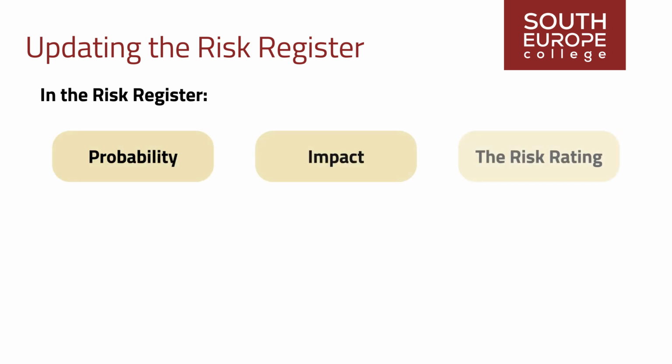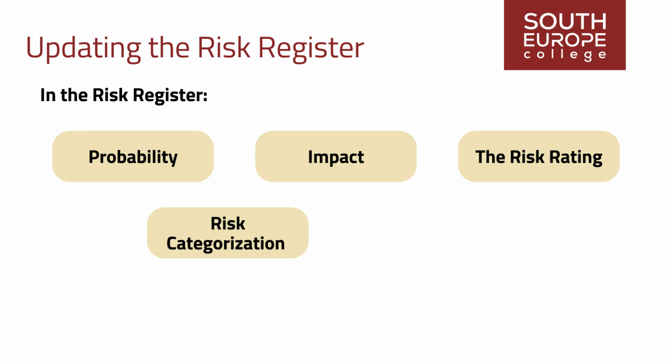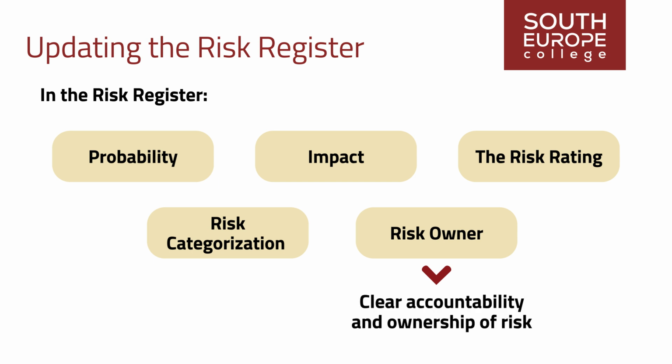In addition to these fundamental fields, the risk register may include other pertinent information to enhance risk management effectiveness. Risk categorization allows risks to be organized into predefined categories, facilitating systematic analysis and response planning. Assigning a designated risk owner to each identified risk ensures clear accountability and ownership of risk response activities, promoting timely and effective mitigation efforts.